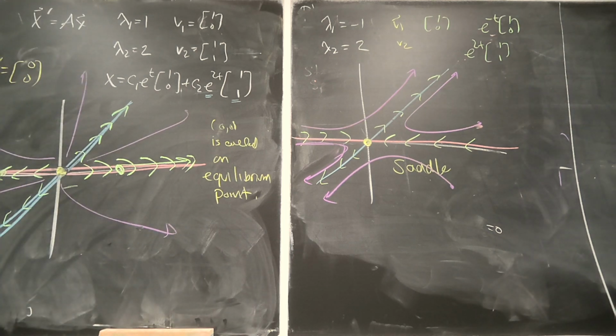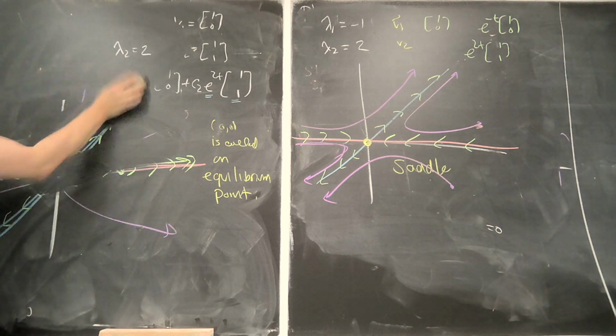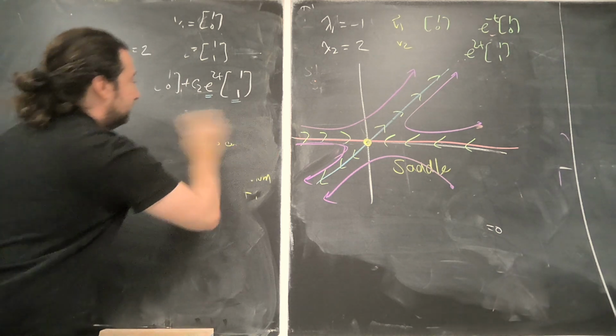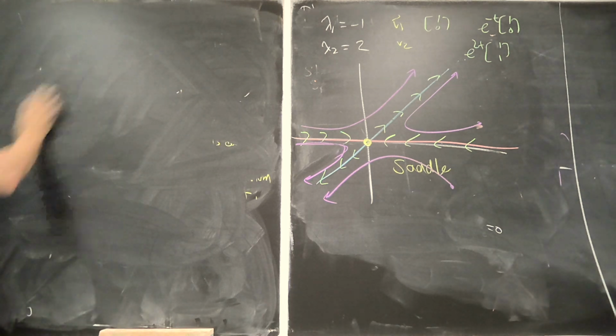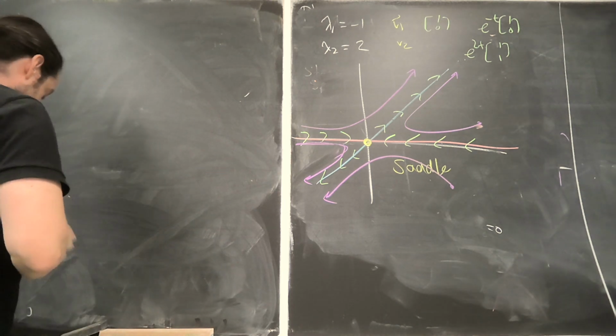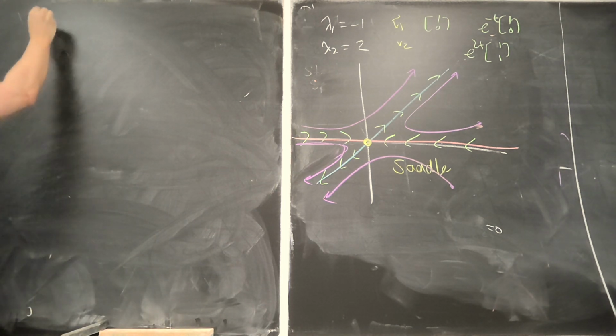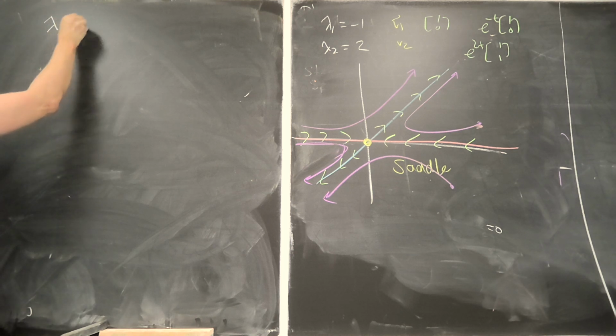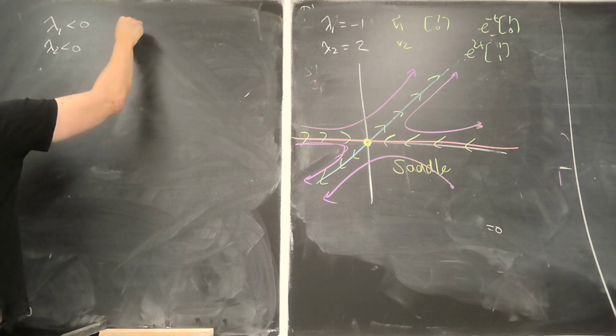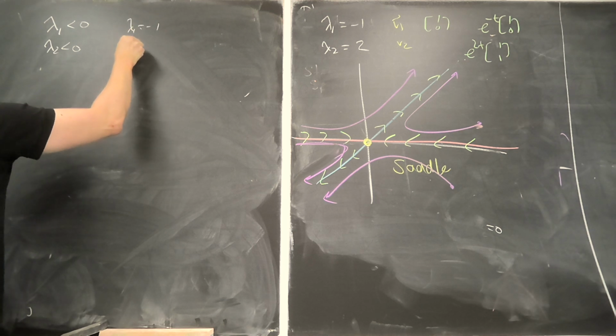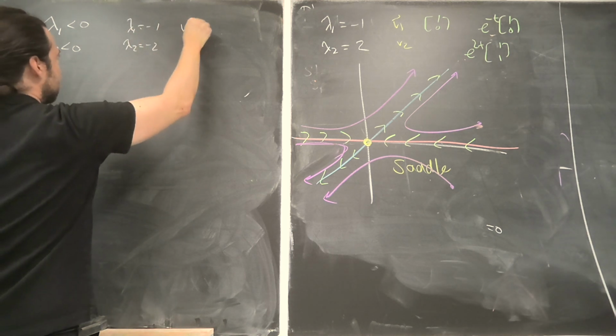All right, so what's the last case? The really boring one. The stable solution. So I did the unstable, and I did the saddle, and now let's do stable. If I have lambda 1 negative and lambda 2 also negative, so that would be like, I don't know, lambda 1 is -1 and lambda 2 is -2 with the same vectors, just for example.